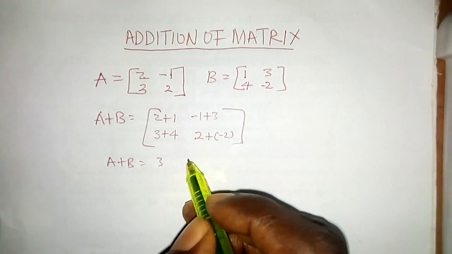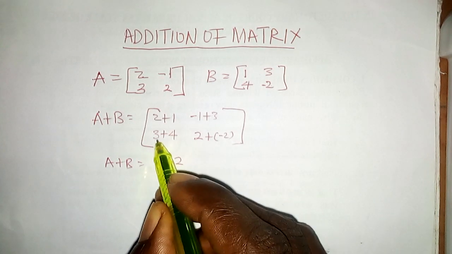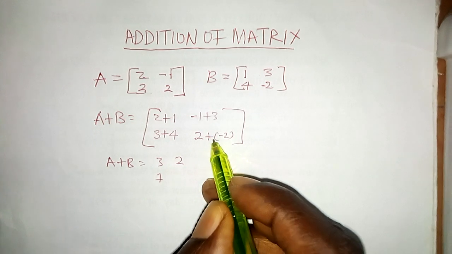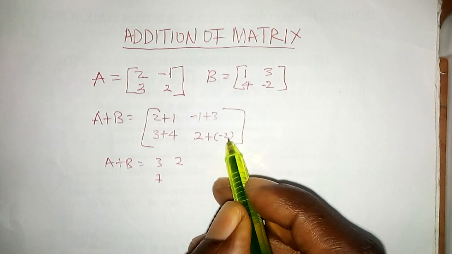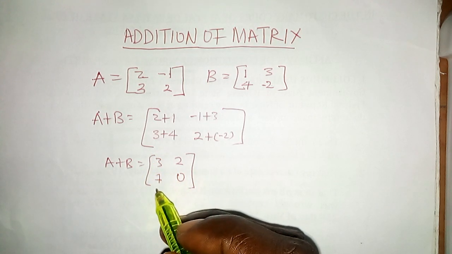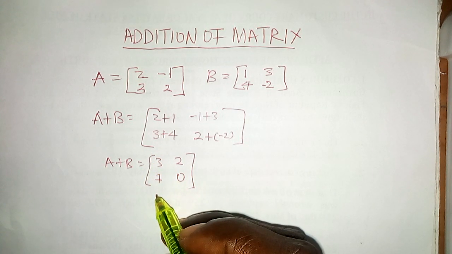Minus 1 plus 3 is 2. 3 plus 4 is 7. And 2 plus minus 2 is what? 0. So you can see that when we add two matrices, we maintain the same order as our outcome.